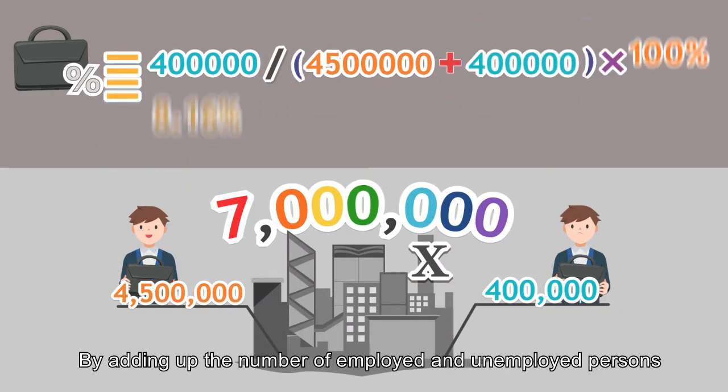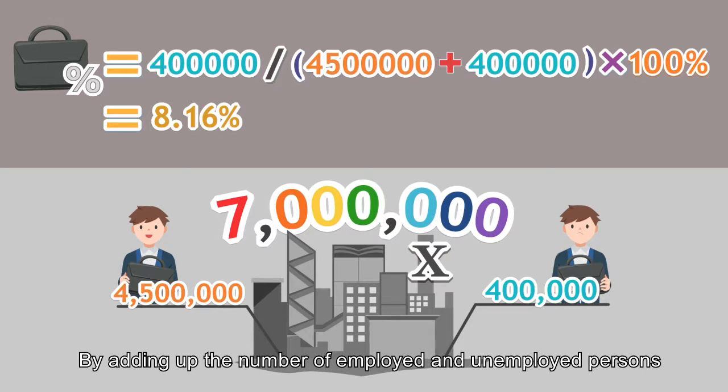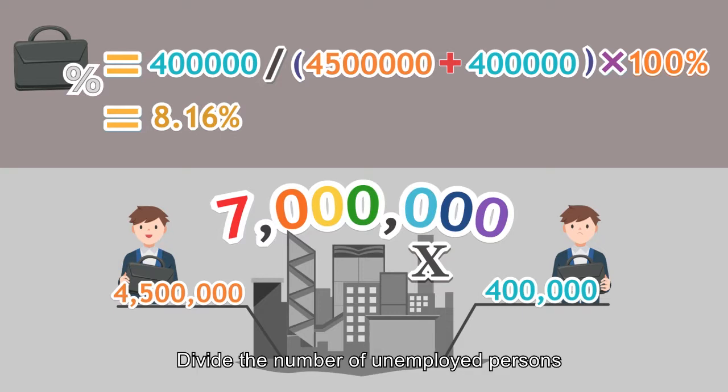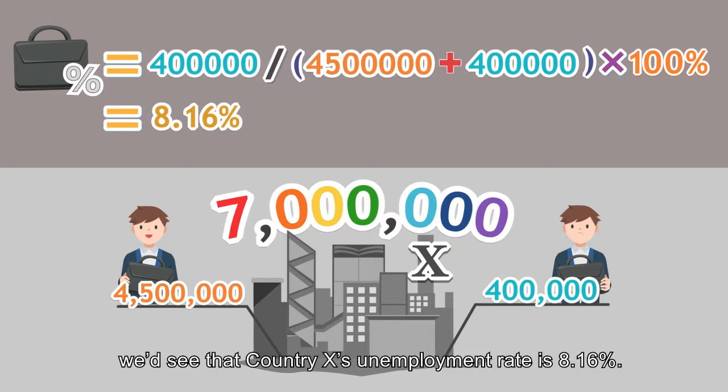By adding up the number of employed and unemployed persons, we'll find out that country X's labor force equals 4,900,000. Divide the number of unemployed persons, which is 400,000, by the labor force, which is 4,900,000, we'd see that country X's unemployment rate is 8.16%.